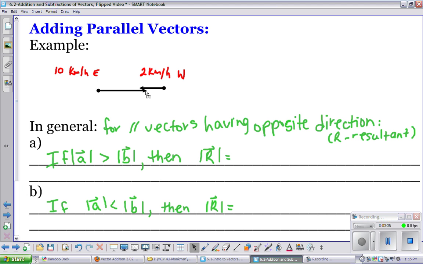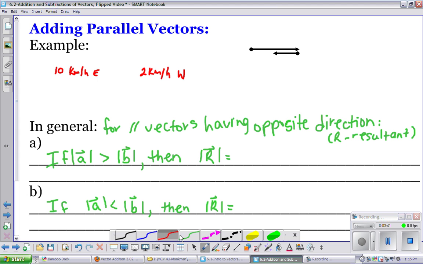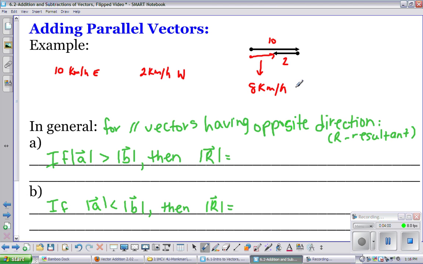So if we take this one, and let's say we move it over here, and we put them in line, the vector that we are trying to figure out is the resultant vector, which is head to tail, which would be right here. And again, that should be straight and parallel, but because I'm writing, it's not. So that's what we're looking for. If this is 10 and this is 2, our resultant vector here will be 8 kilometers per hour, and the direction we are moving would be east.